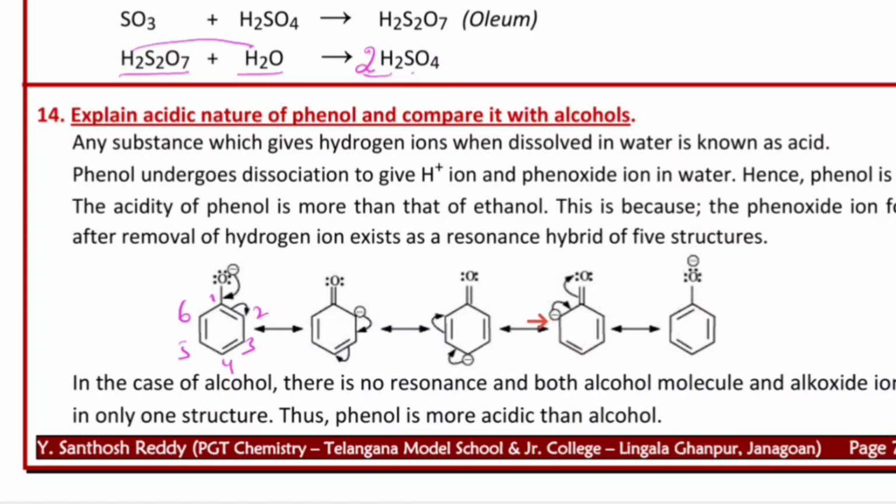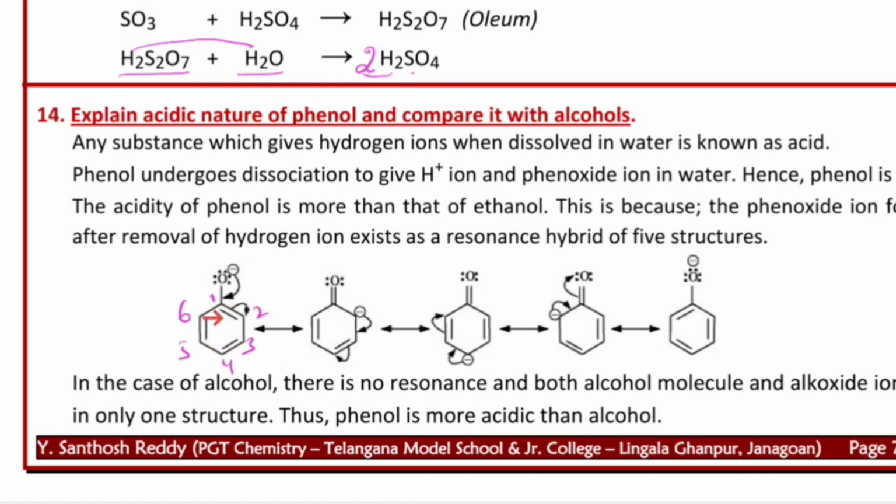And when the electron pair between carbon number 6 and 1 moves into the ring, the pi electrons, that is the pi bond between oxygen and carbon, move again onto the oxygen atom, and we will get a structure which is very similar to the first one. Actually, if you observe, the first structure and the last structure are both very similar, the only difference is the positions of pi bonds.